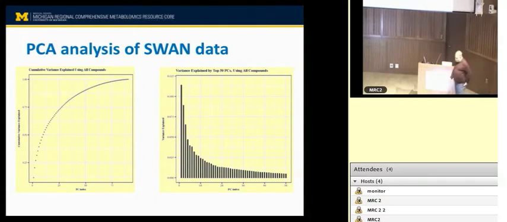A good thing about the properties of the lipid classes that TM told us about yesterday is that because the lipid classes, due to their biochemistry, are much more strongly correlated, when you do PCA on the lipidomics platform, you get much stronger correlations, which is exactly the hallmark that you capture with principal component analysis. So even using 2 or 3 principal components, you explain much more of the variance, and these are much more representative plots regarding global patterns.